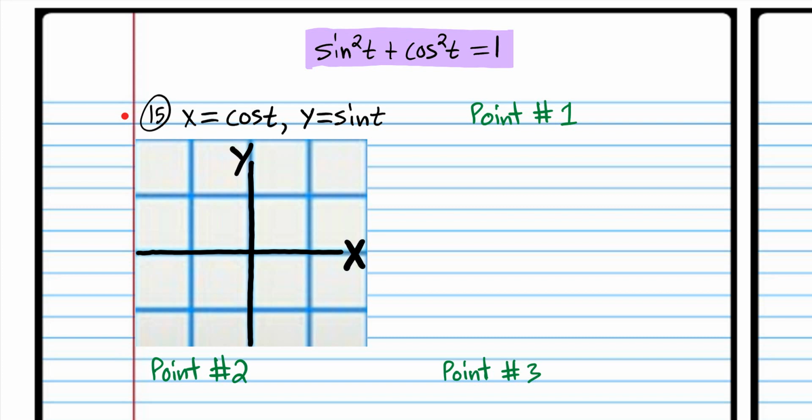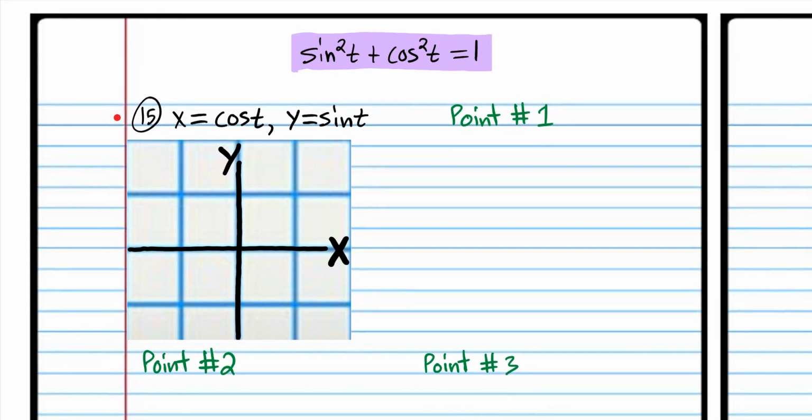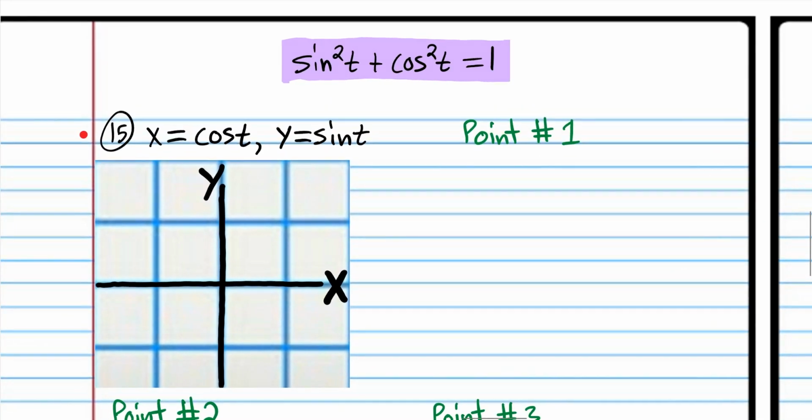And we're going to graph this. And if you're using a TI-84 Plus, for some reason it doesn't make the horizontal units and the vertical units the same on the graph. So it looks like an ellipse, but it's not an ellipse. It's actually a circle. And we're going to see why that is.